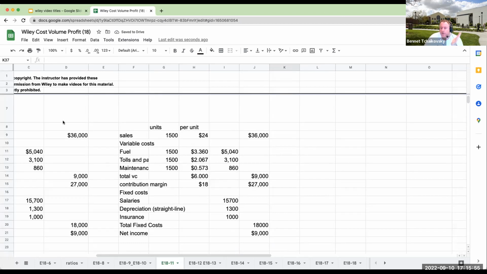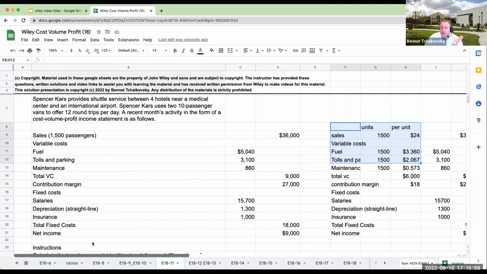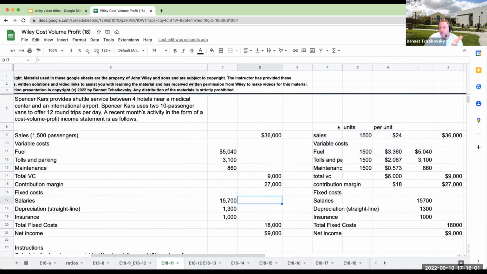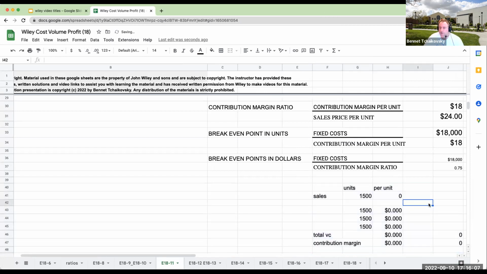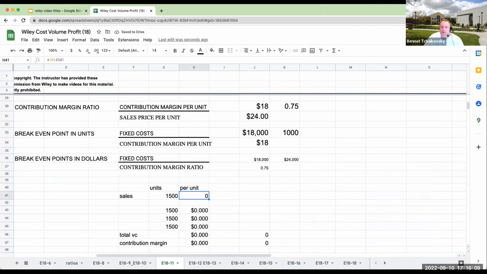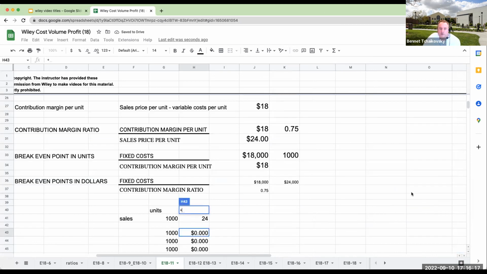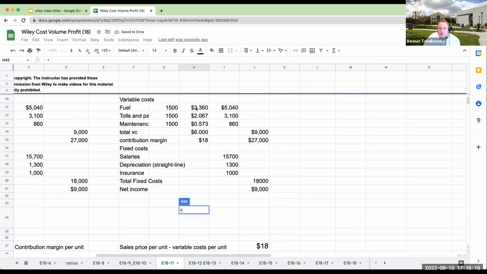Okay, so now what we need to do to make sure that this actually works is go through and plug in the numbers that we just came up with, just to make sure that it works, right? That's what we want to go through and do. So over here, my per unit: if I'm selling 1,000 units and this is going to be at 24.